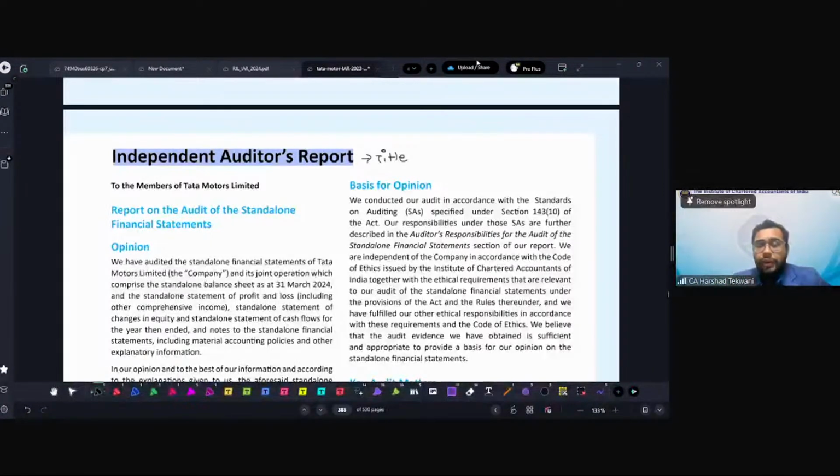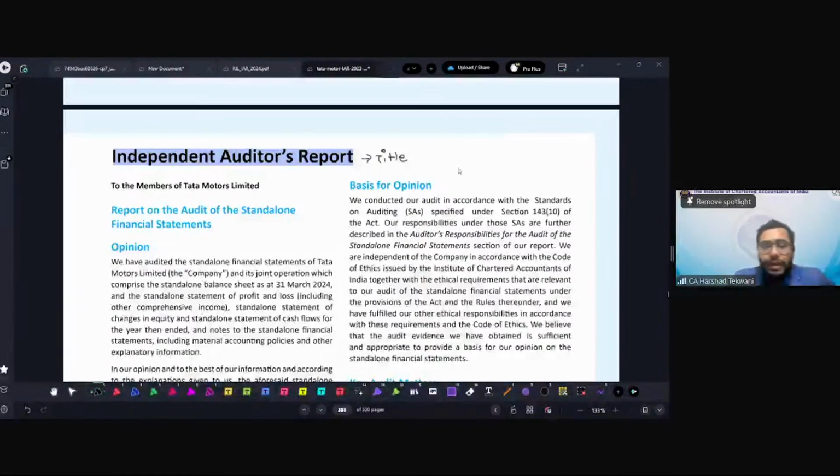We have to combine everything and provide that information in one report. So the first and important thing is the title, that should provide that yes, it's an independent audit report.